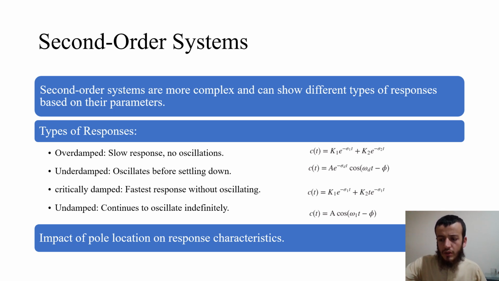Actually, overdamped means a slow response, or no oscillations. We will have our transfer function as this. In the poles, we have real parts, sigma 1 and sigma 2.